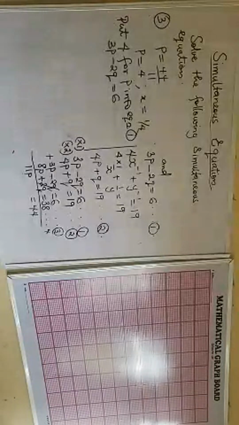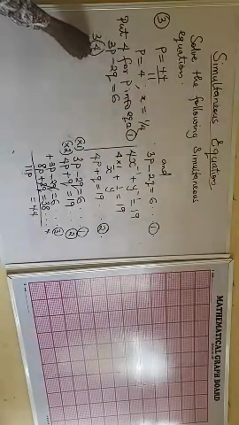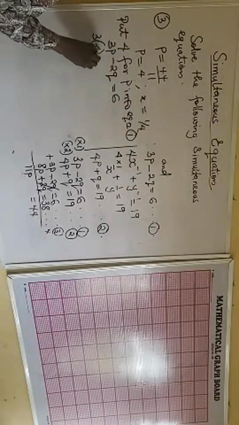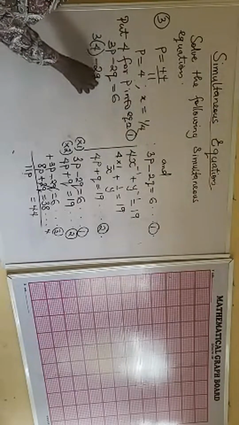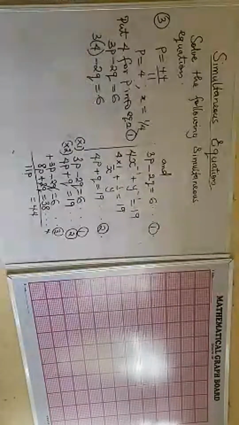And what is P? P is 4. So 3 bracket 4, take note, we are looking for Q, minus 2Q is equal to 6.